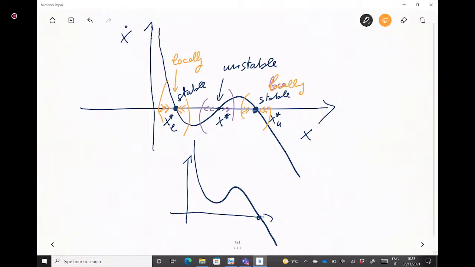And this is unstable. Now, the question is, can we, this is locally stable. Locally means not globally, so not for all initial conditions. Can we identify the set of initial conditions that ultimately lead to convergence to this steady state?